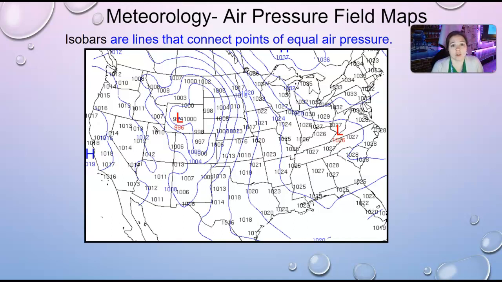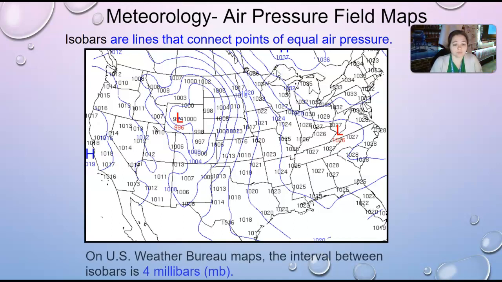So if I have an air pressure of 1000.0, all of the 1000.0s are going to be connected to that line. I cannot connect 1001 to that line because that is not matching. It has to be the same exact pressure.